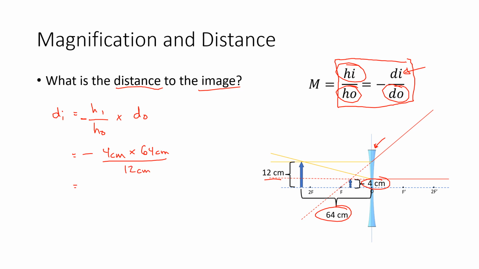And if you put that into your calculator, you'll end up with a negative 21-ish centimeters. So that means that, yeah, from here to here is 21 centimeters, and it's negative because this is a diverging lens, and you are on the same side as the object. All right.